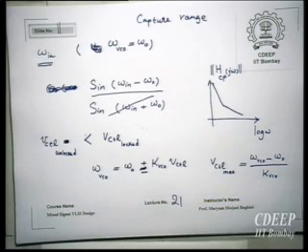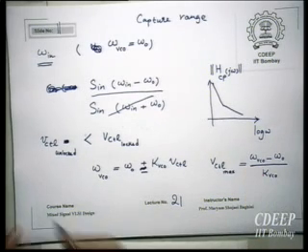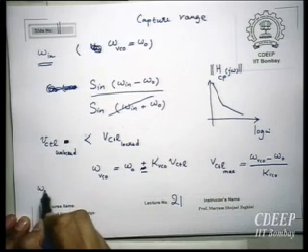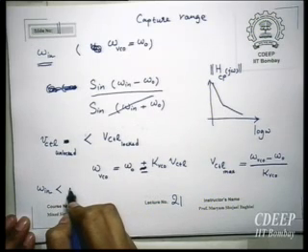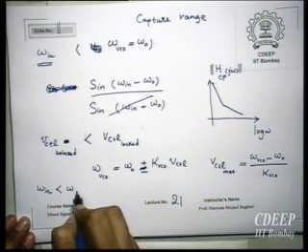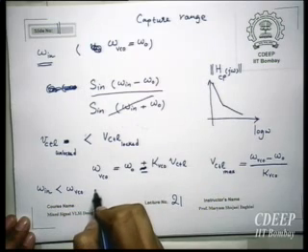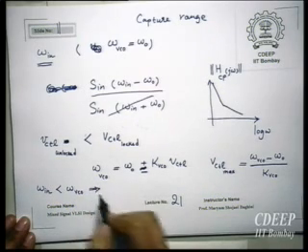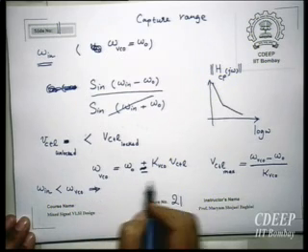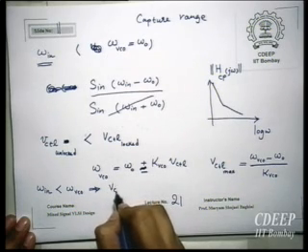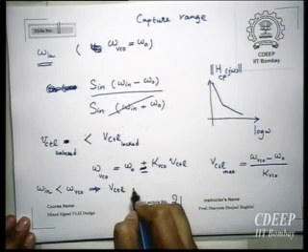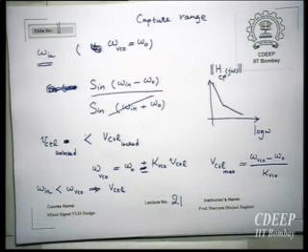I want the PLL to be able to respond to this omega in, right? Therefore, this omega in should be less than omega VCO. Then this means that this VCTL that I am getting... see, I want the VCO to respond to this VCTL.